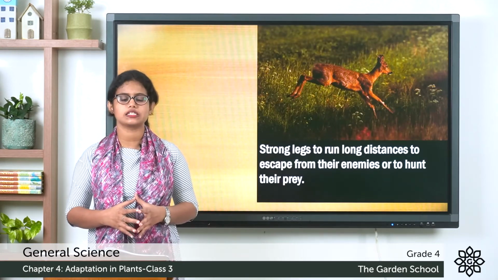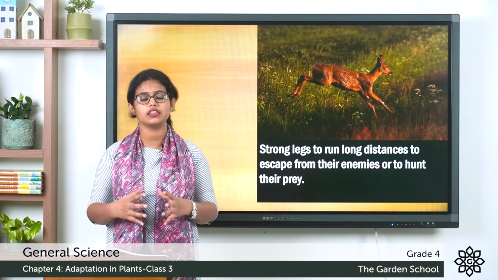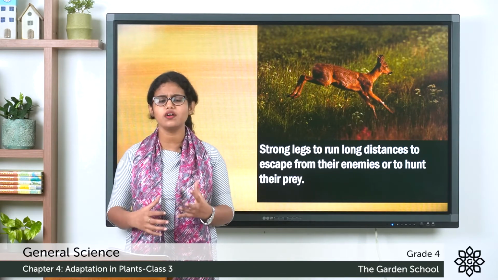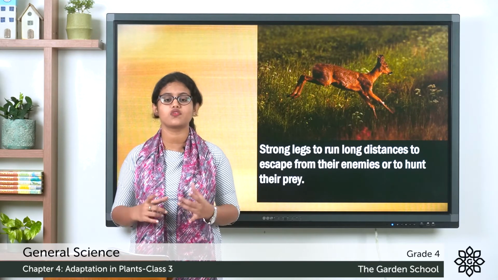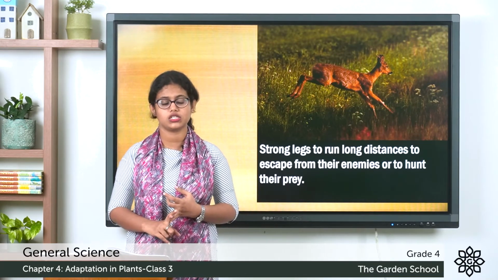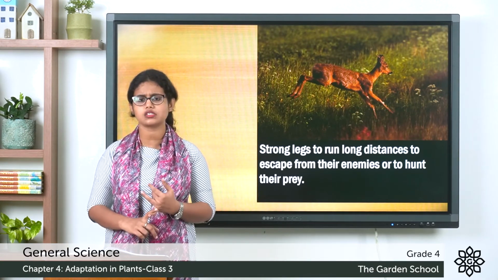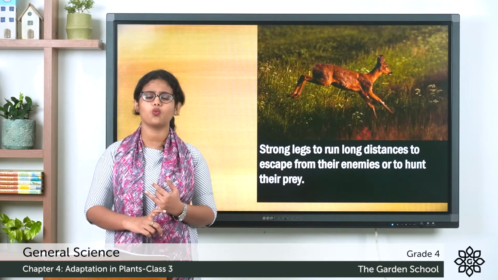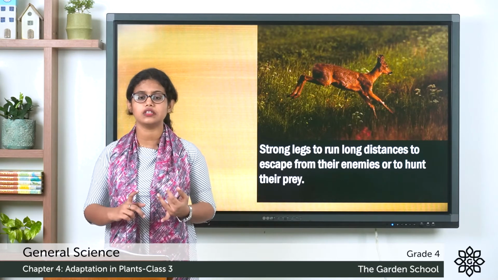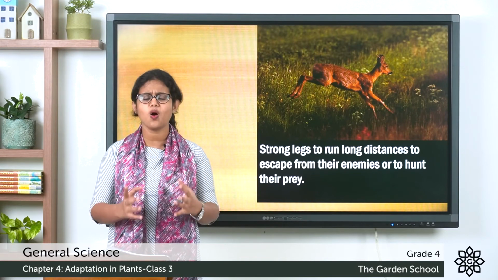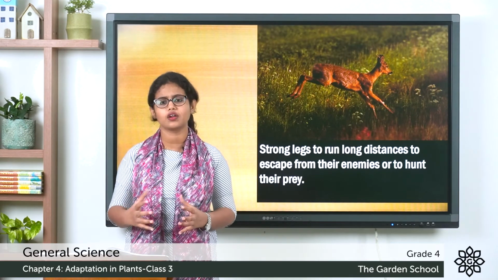The first thing is that the animals that live in these grasslands have strong legs that help them to run faster in search of food and water. There are animals like the deer, cheetah, lion, wild dogs. All these animals live in grassland.